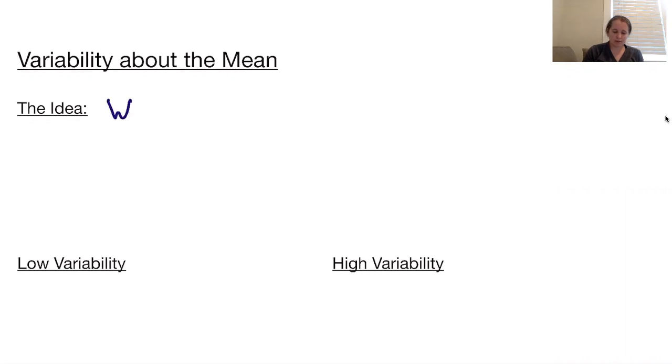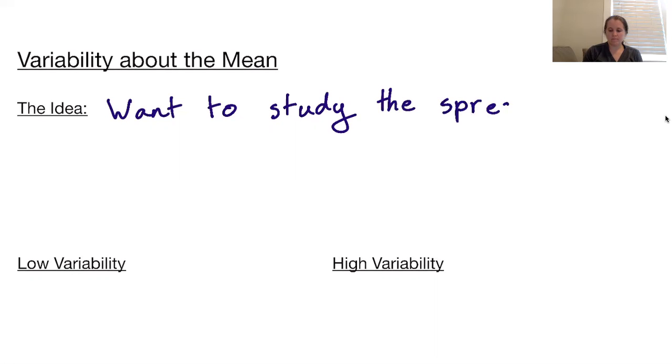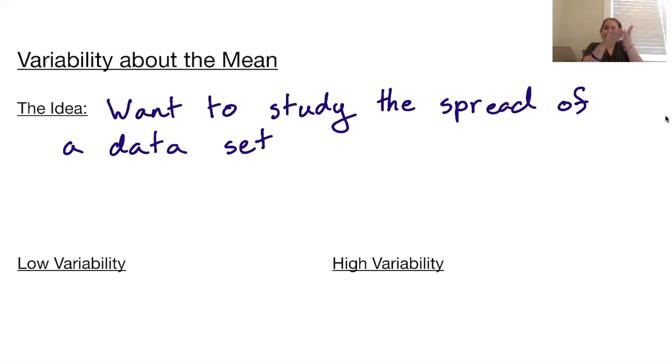We want to study the spread of a data set. And to do this, we're going to take the mean and then try to describe what is sort of a standard distance or a typical distance from the mean.